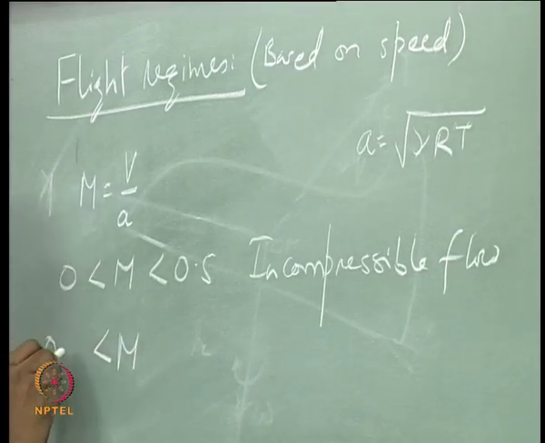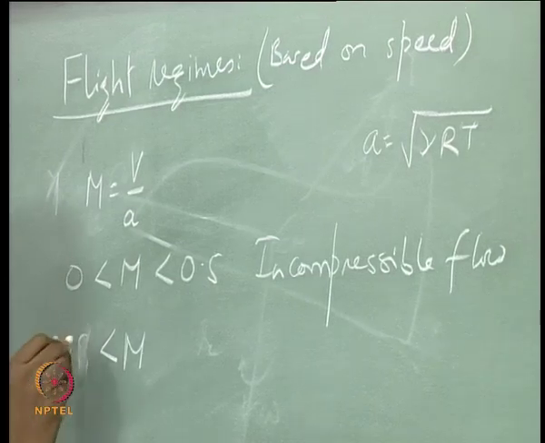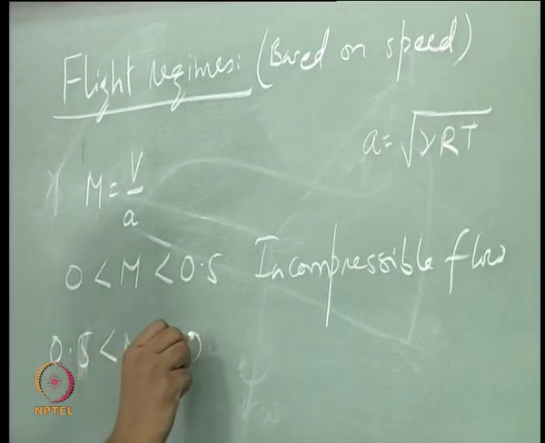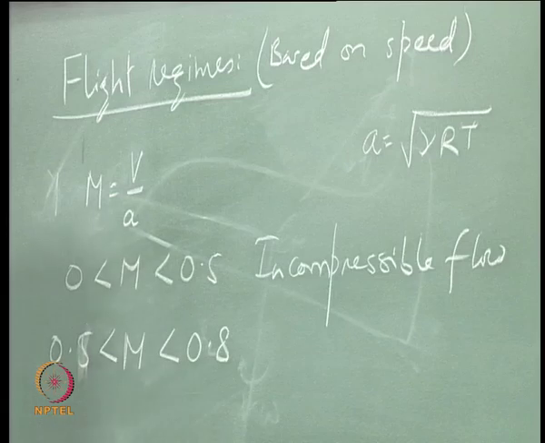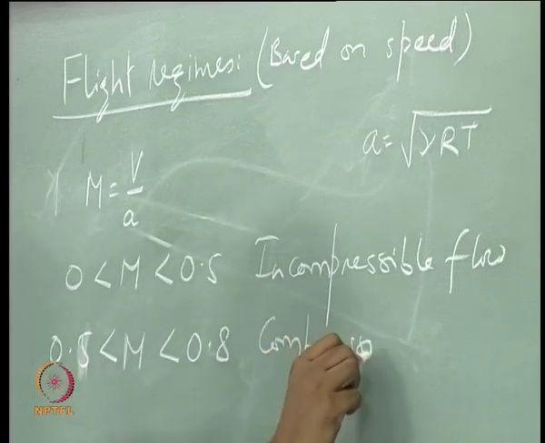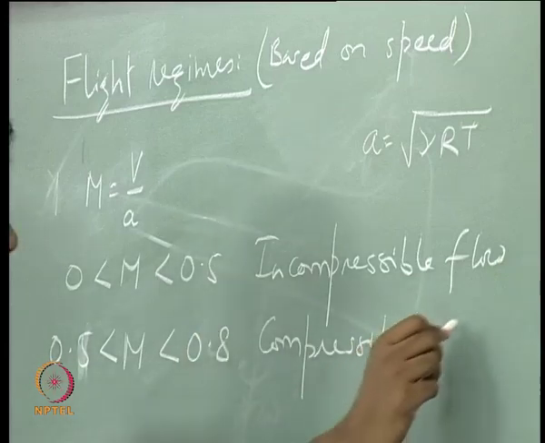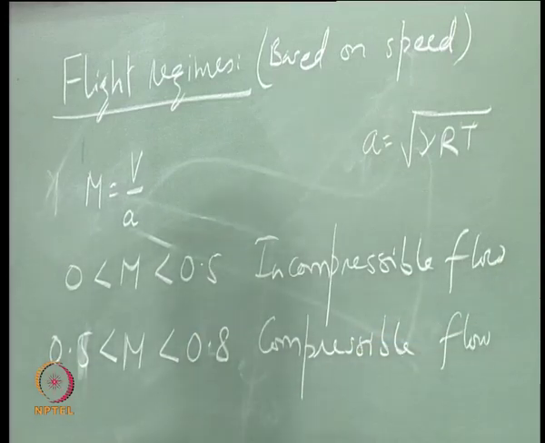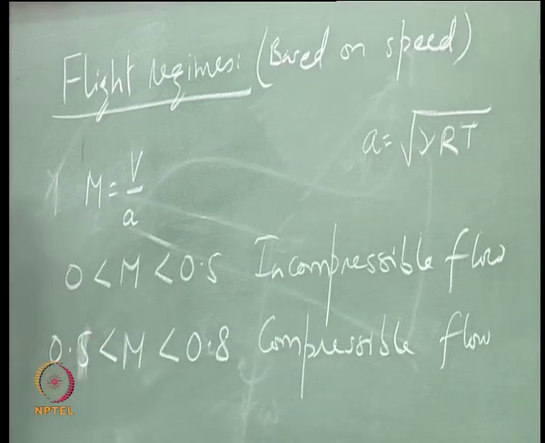Regime of flight between 0.5 Mach number and 0.8 is compressible. So, flow over the airfoil in this speed regime is compressible.